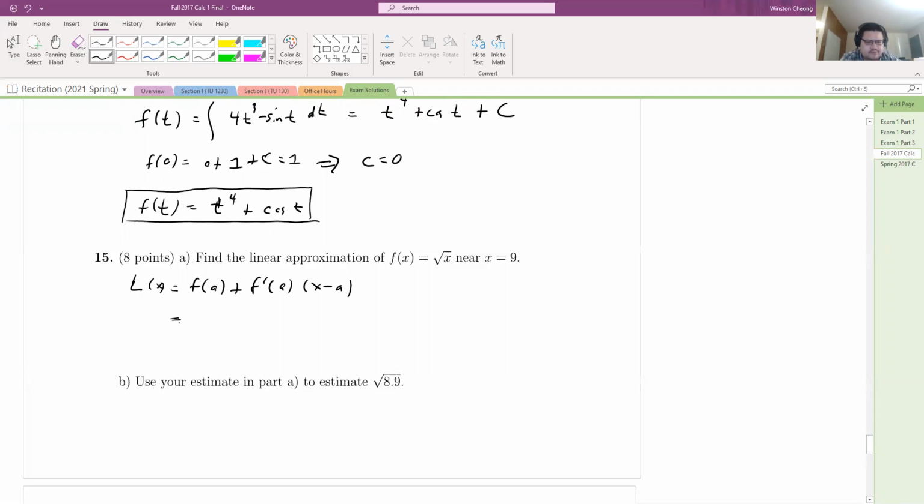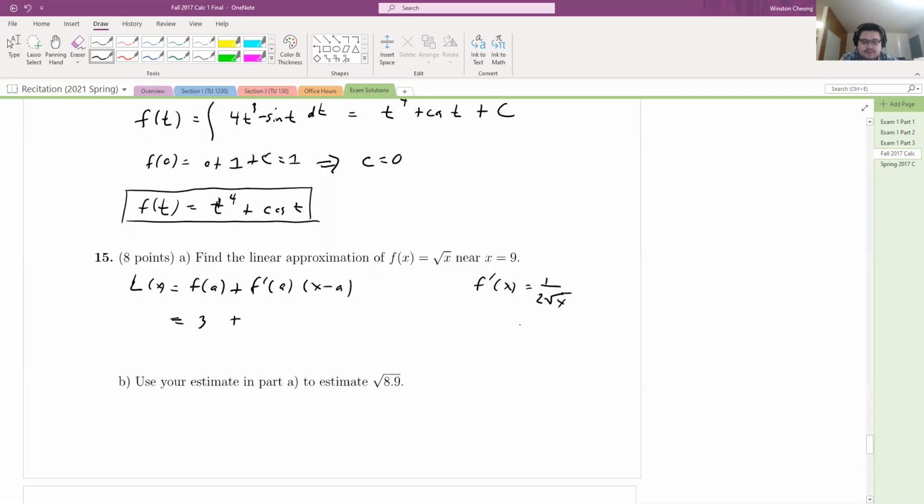I guess I'm okay with just rewriting it as the way that it is. So here, a is equal to 9. This is going to just be the square root of 9, which is 3. F prime, I have to do a bit more work just to make sure I get it correct. So 1 over 2 root x, that's the derivative of square root of x.